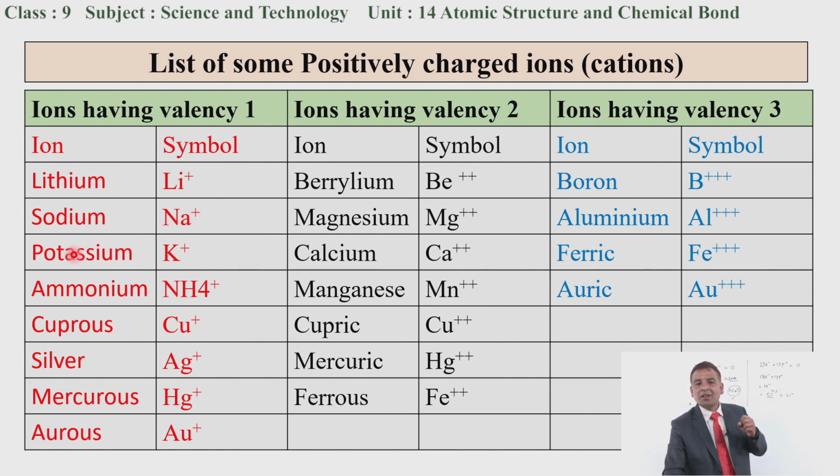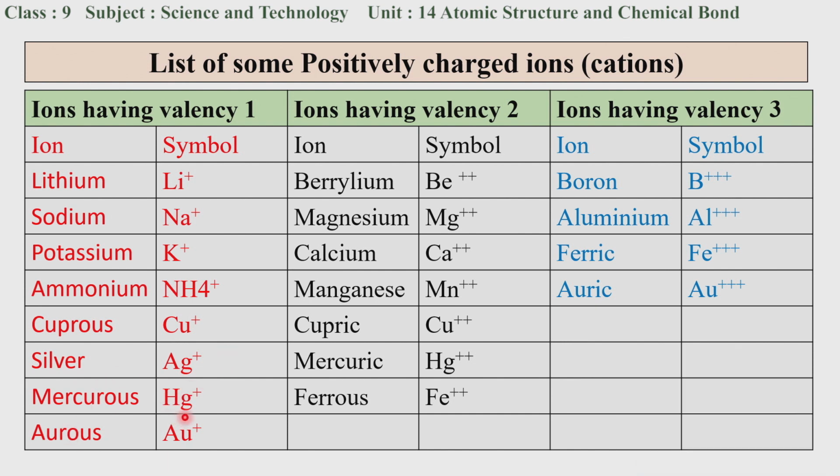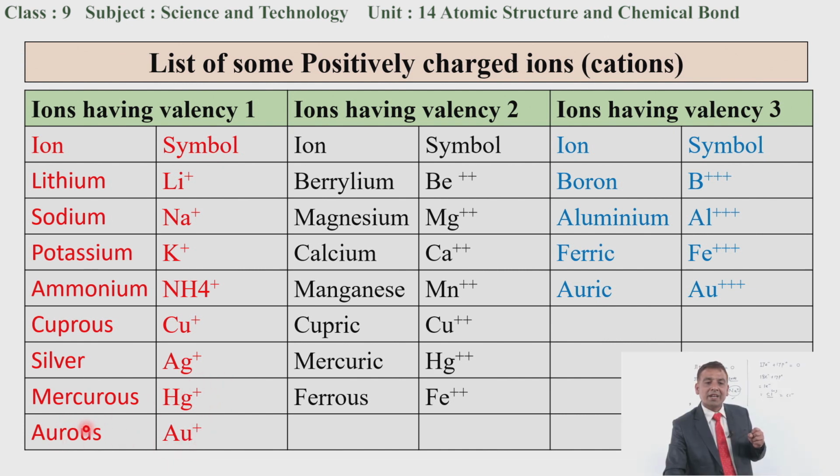Likewise, potassium K plus as well as ammonium NH4 plus, cuprous Cu plus, silver Ag plus, mercurous Hg plus, aurous Au plus. Why do we write aurous for gold, as well as cuprous for Cu?